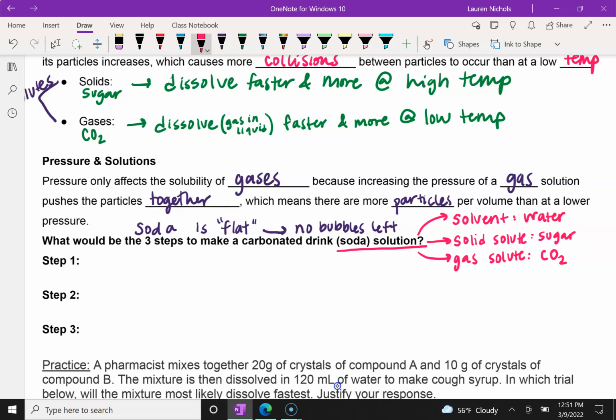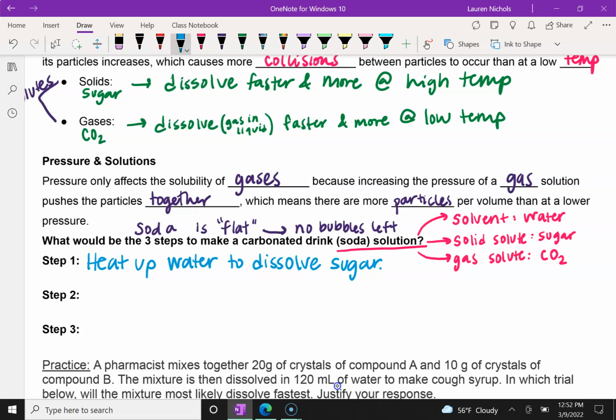Now, in order to keep a gas dissolved, you have to put pressure, right? That's going to be your last step. The first thing you're going to want to dissolve is sugar. So when we're writing out our steps, we would want to heat up the water to dissolve the sugar, because sugar, which is a solid, dissolves faster at a high temperature.